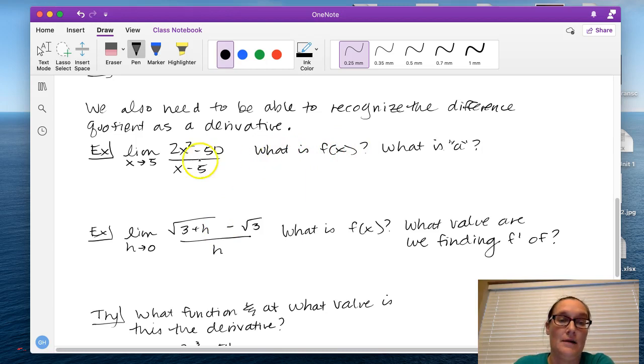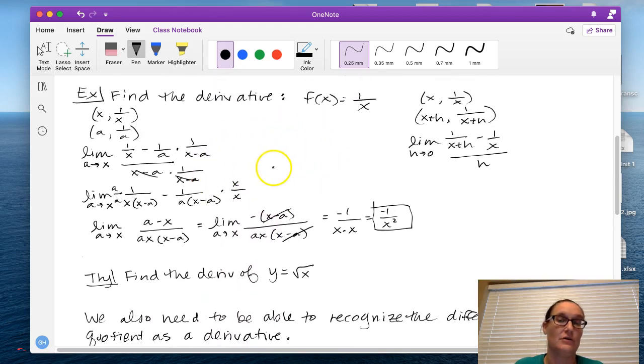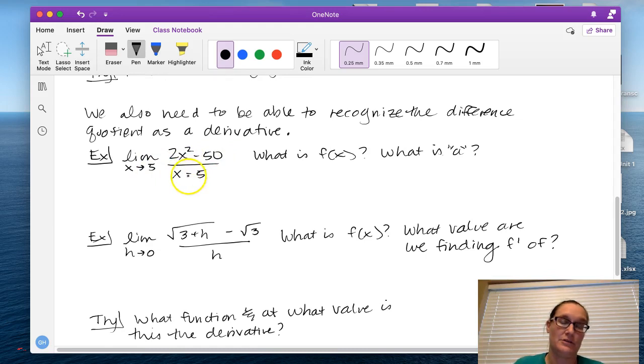So to be able to do this, we need to identify what function this is taking the derivative of, and what the point is, because these are not like these where we're finding a general derivative. This is like the first couple of examples that we did last time on the notes, where you had an actual number.